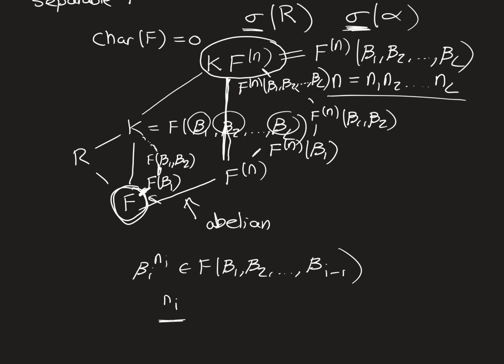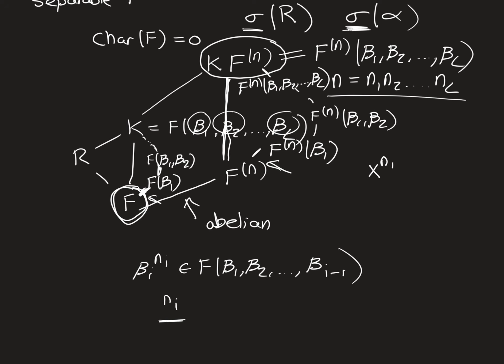Now, here's the brilliance. What are each of these extensions going to become? They're going to become Kummer extensions, because what are you doing here? You're adjoining something that is a root of x to the n1.